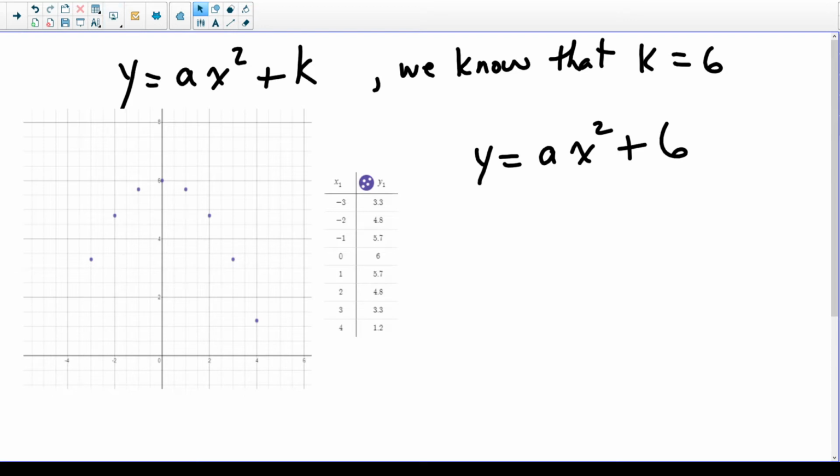If you look at the general equation here, which is ax squared plus k, the k value moves the parabola up by 6, in this case, to get our vertex in the right spot. But we don't know our a value, so we have to calculate the a value. Now you can do it with trial and error on a program like Desmos, but the question actually said to do it without technology, so I want to show you how to do it with algebra.